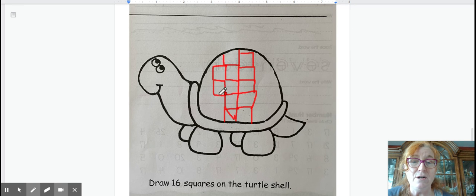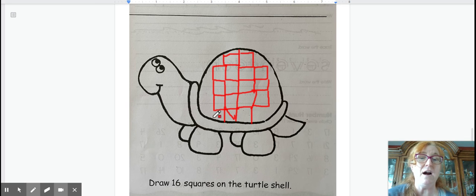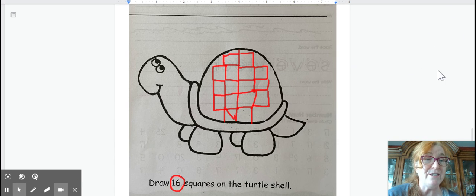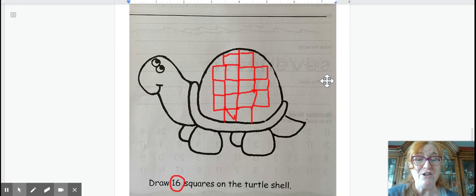That will make 13 squares. And we could add 3 more squares on this side, and that would make 16 squares. So try your best to make your squares so that all the sides are equal. Squares have equal sides, and you're challenged to make 16 equal squares on your page today.